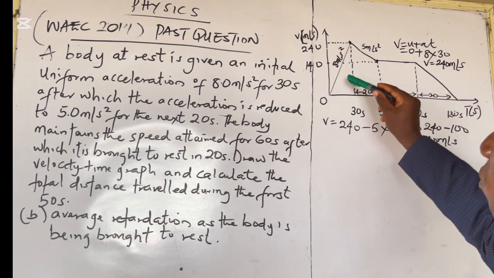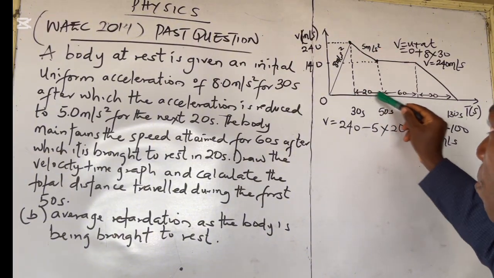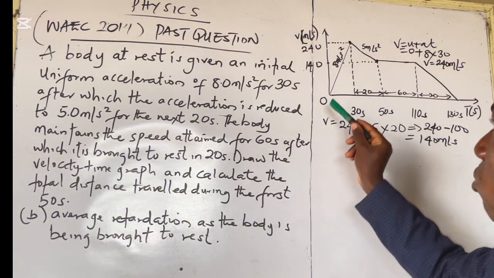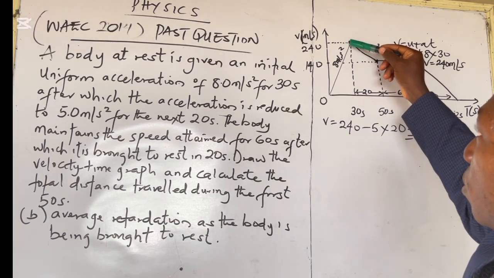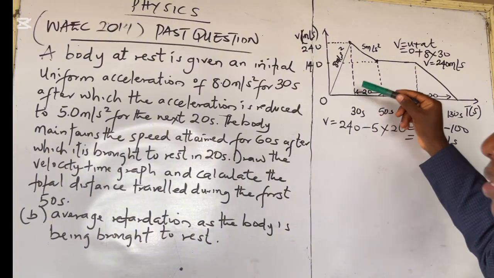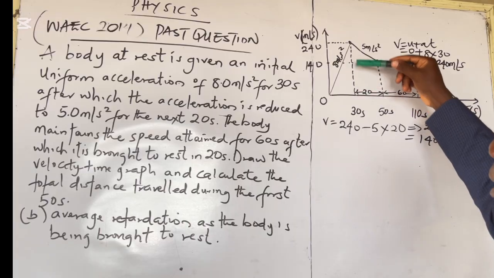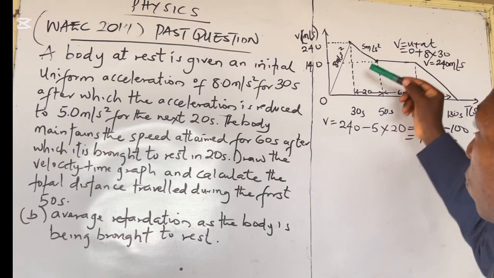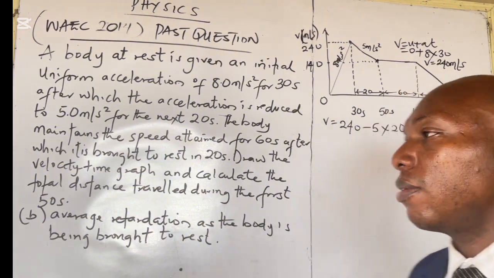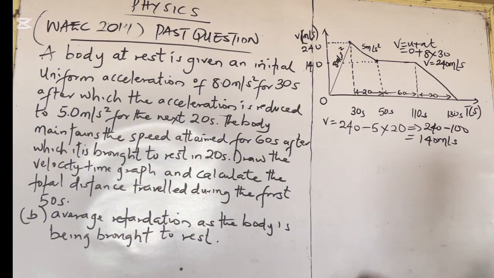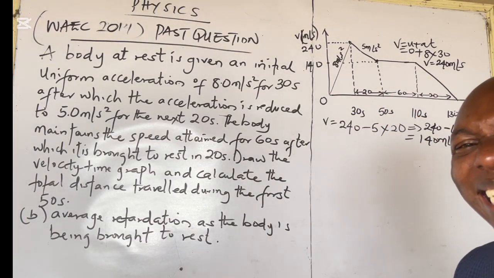So we need the area of this triangle and the area of this trapezium. The base of this triangle is 30, and the height is 240. The base of this trapezium, the A part here, is 140, and the B here is 240. The height of this trapezium is 20. So let's find the distance traveled in the first 50 seconds: the area of triangle plus area of trapezium.